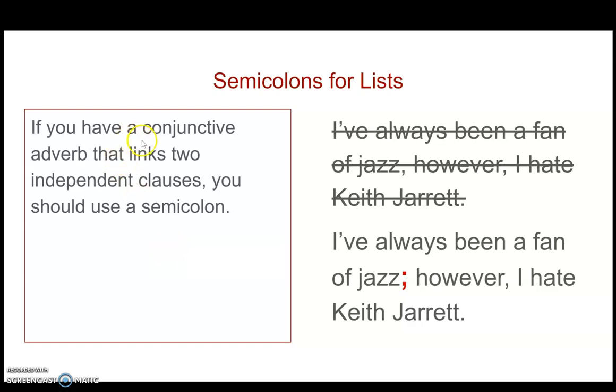So if you have a conjunctive adverb that links 2 independent clauses, you should use a semicolon. So in this case, I've always been a fan of jazz; however, I hate Keith Jarrett. So with that semicolon, we have 2 independent clauses divided by what they call a conjunctive adverb.